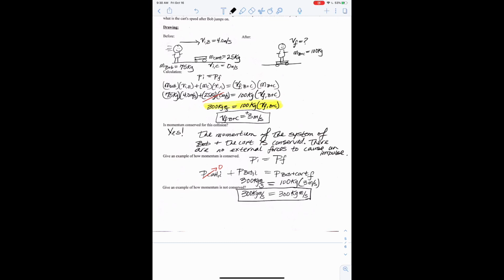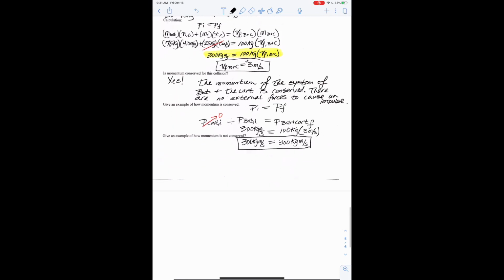So what kind of external force would cause an impulse here? Maybe friction. If we considered friction from the road, that could cause an impulse. But we're not considering that, because the road is not part of the system, and we are just looking at the forces in the system. And if we did consider friction, it would be an external force outside the system that would cause an impulse.